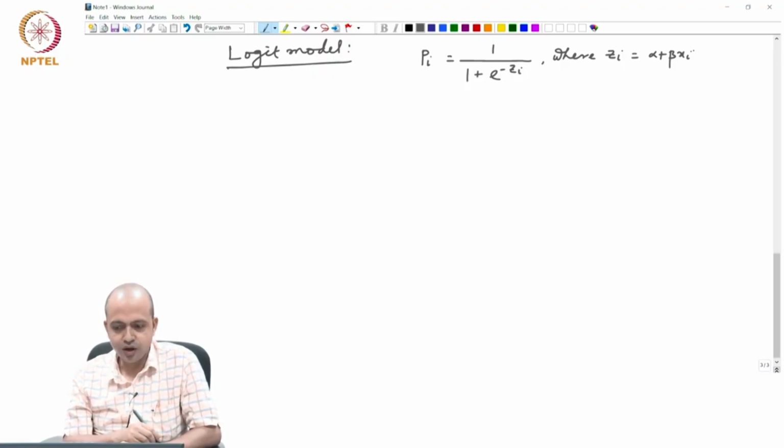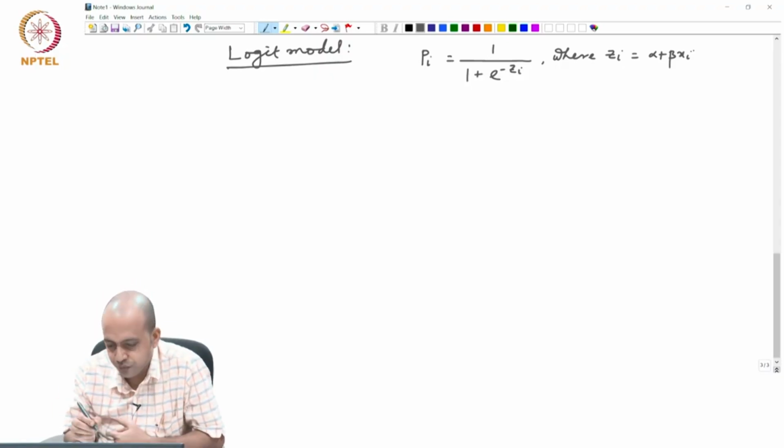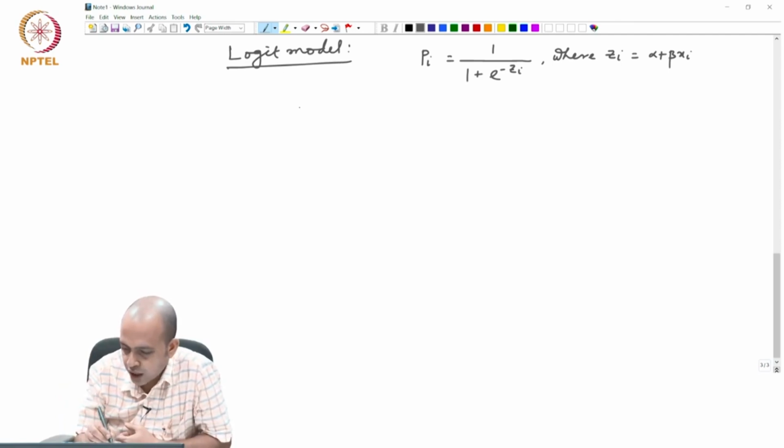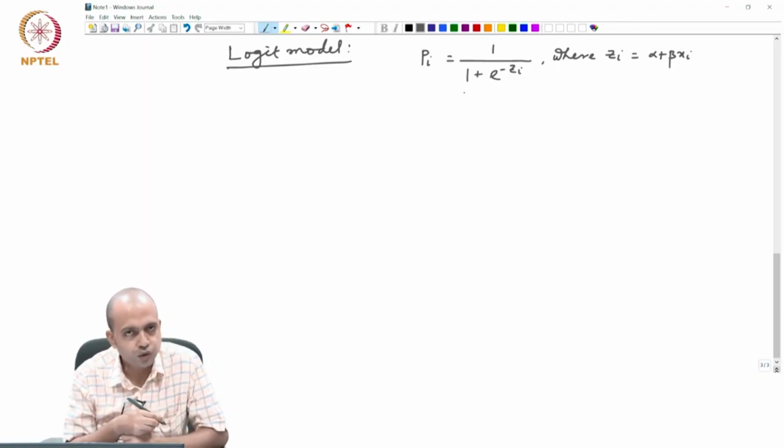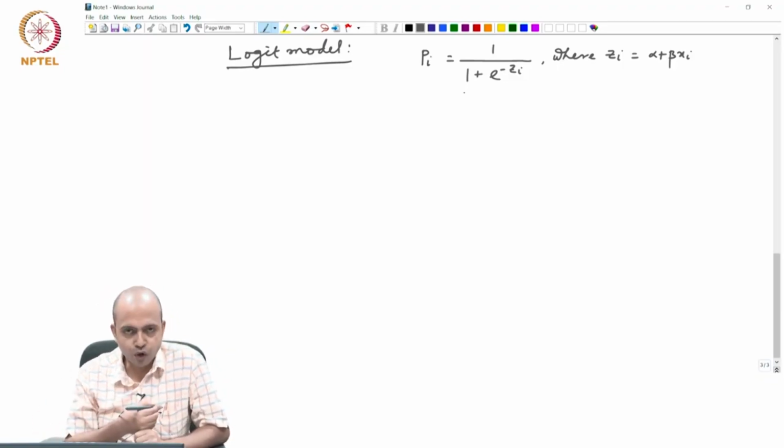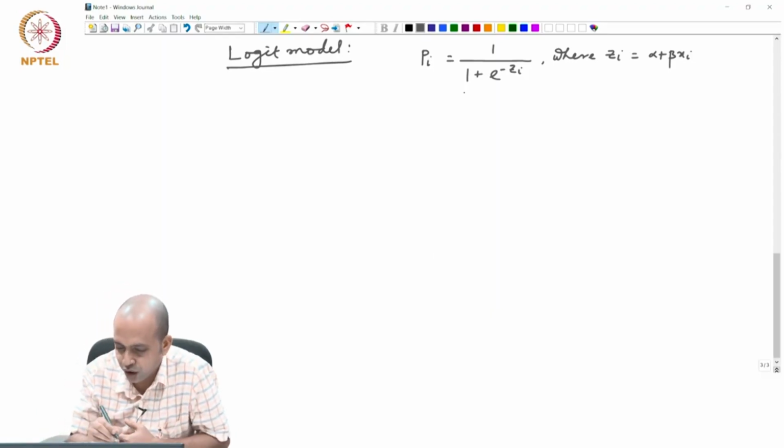Okay. Now, from here what you can do, this model apparently looks like a nonlinear model, but you can always linearize this model. How you can do that?